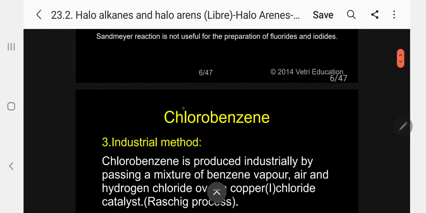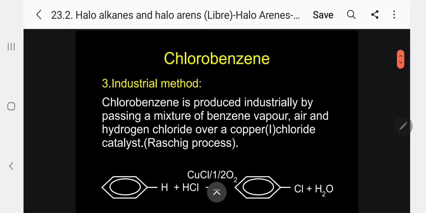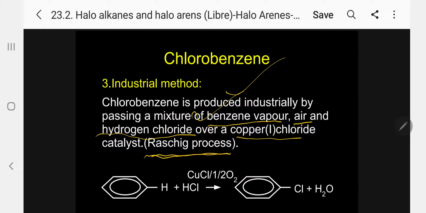Kindly follow. The third method, which is the industrial method, is called the Raschig process. Please memorize this, Raschig process. Chlorobenzene is produced industrially by passing a mixture of benzene vapor, air and hydrogen chloride over a copper(I) chloride catalyst.